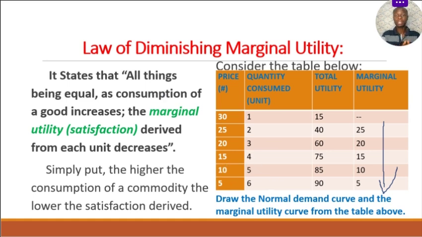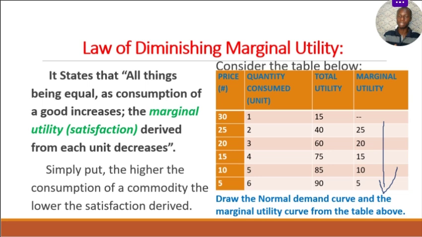However, the law of diminishing marginal utility states that all things being equal, as consumption of a good increases, the marginal utility, or the extra satisfaction derived from the consumption of that commodity, will keep on decreasing. And that's what the table is showing here.